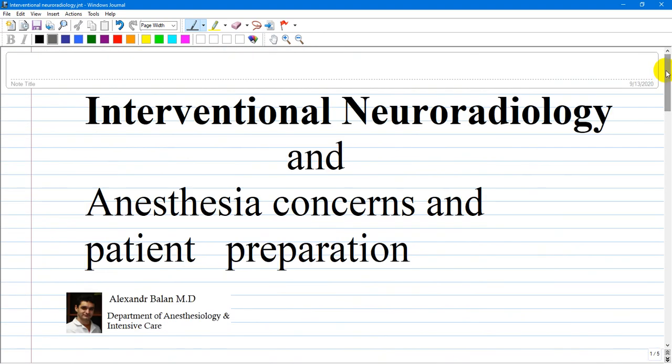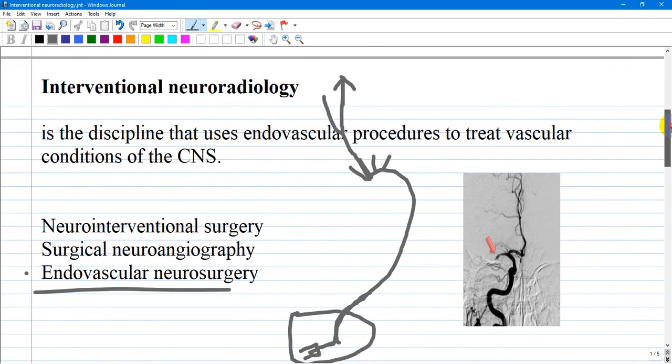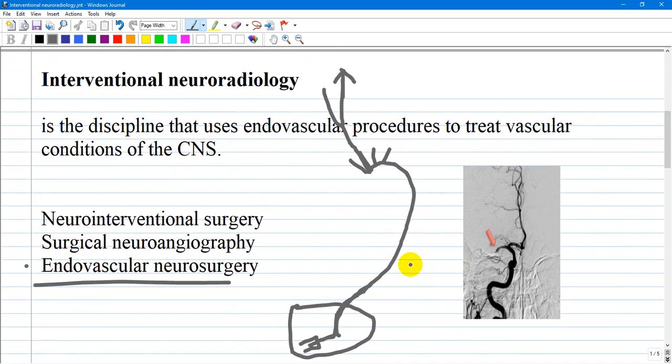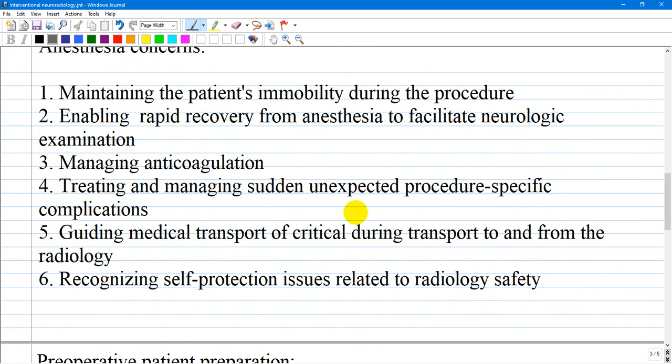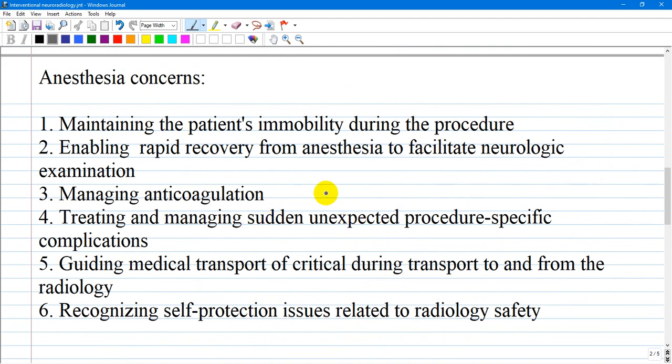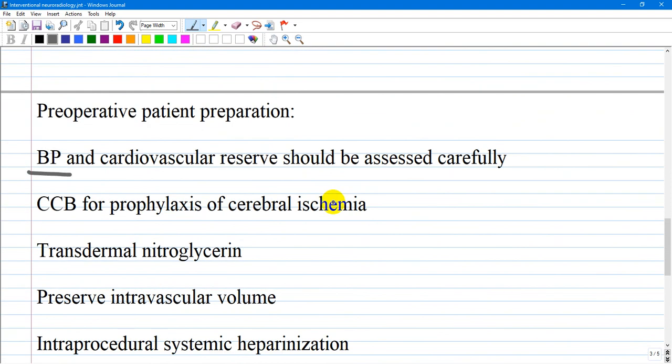Once again, reviewing: interventional neuroradiology is something new and very good for patients, as we are accessing through the vessel and not opening the scalp. It has many concerns for optimal anesthesia during this procedure.